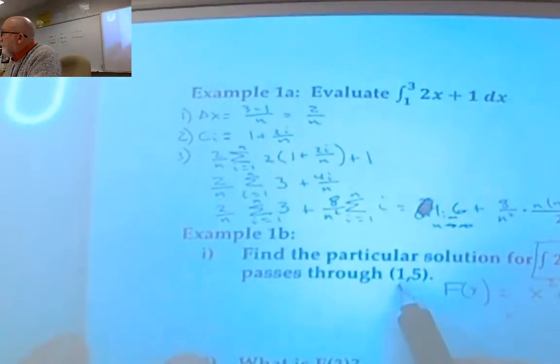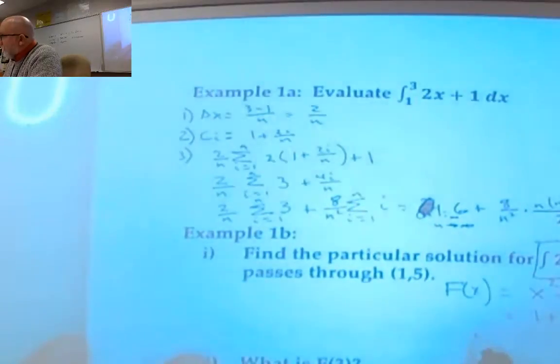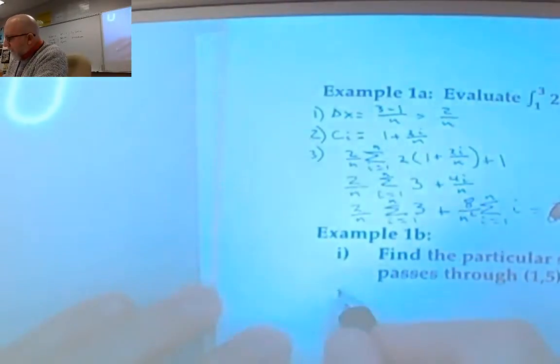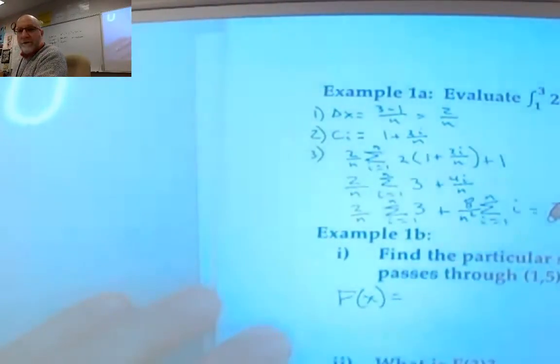So what coordinate? Where does it go? Tell me what to write. What is 1 squared, plus, what's it equal to? What does c equal? 3. So what's my particular solution? F of x equals what? Or capital F of x equals what?